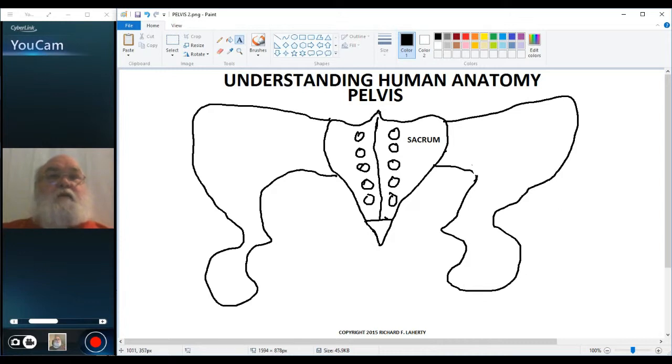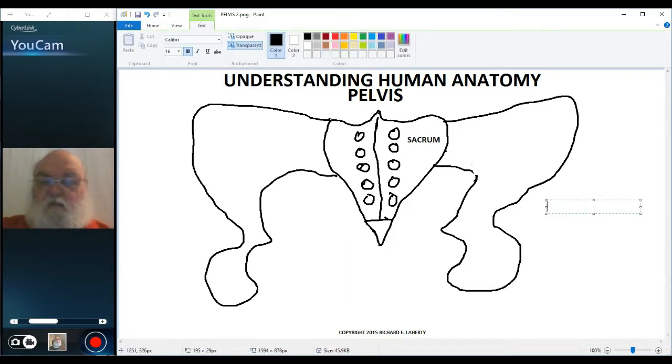We have the acetabulum, which remember is the socket for the head of the femur.